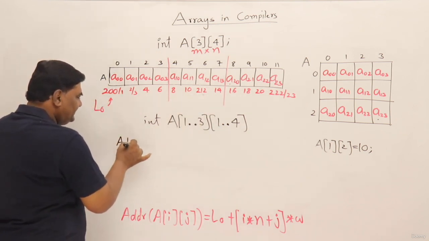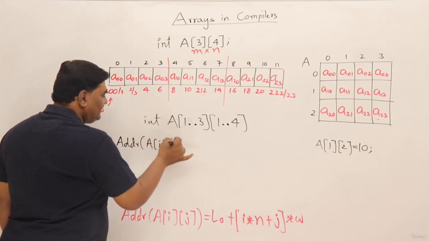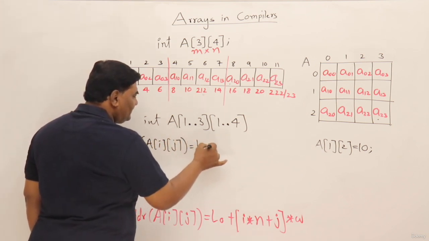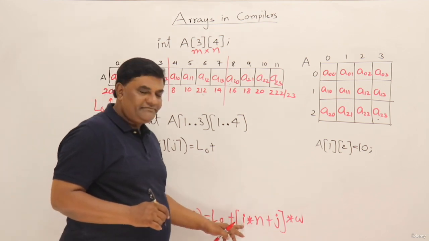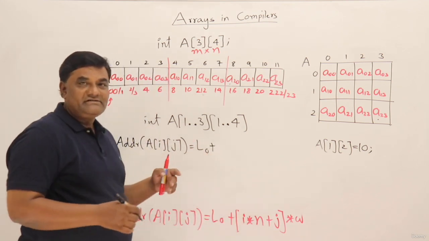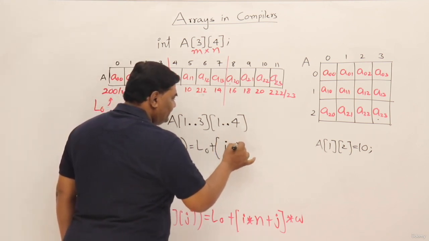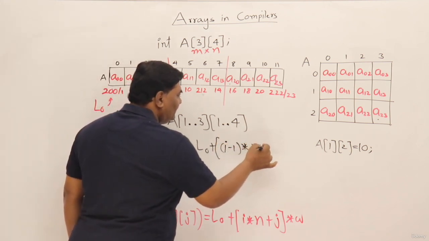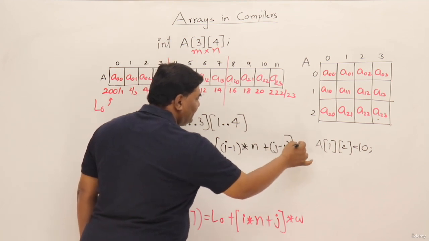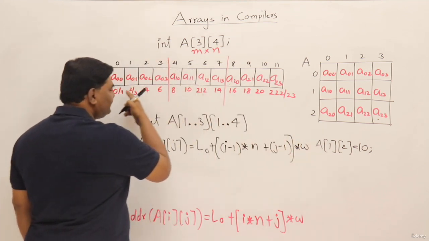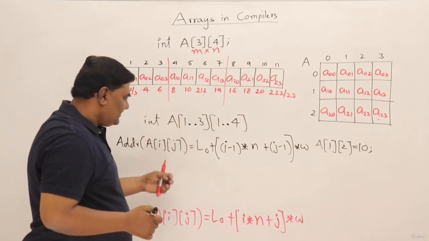The address of any location a of i, j can be obtained by L0 plus, as we have already seen for single dimension, this i minus 1 was used because the indices start from 1 onward. So here it will be i minus 1 into n plus j minus 1, then multiplied by the word size, that is the data type size. So this is the formula.